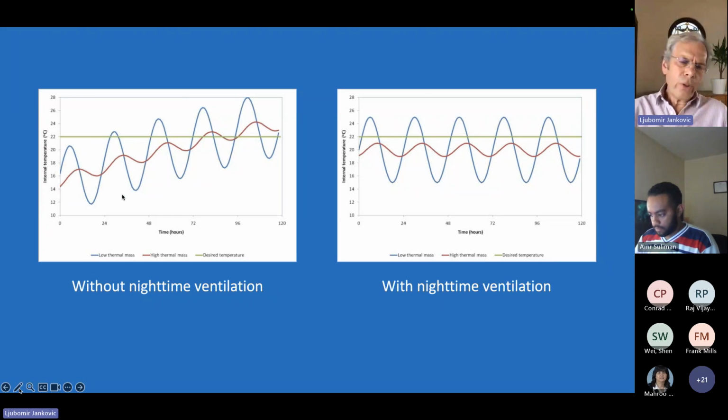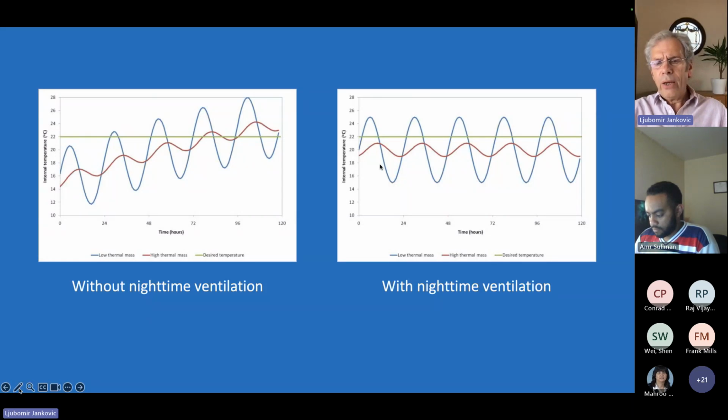So if we have several sunny days, and thermal mass is charged in the building but not discharged with nighttime ventilation, then there will be accumulation of heat. With a low thermal mass, that accumulation of heat will reach the trigger point for running air conditioning. It would reach that trigger point much later with high thermal mass.